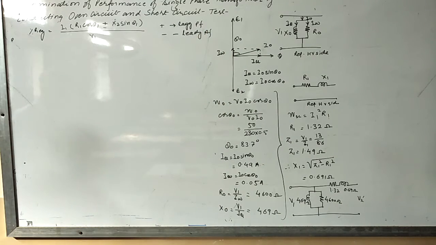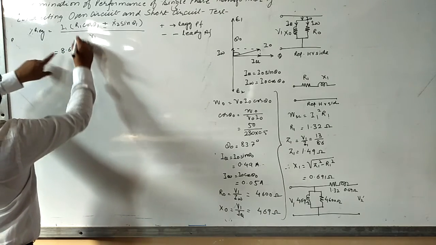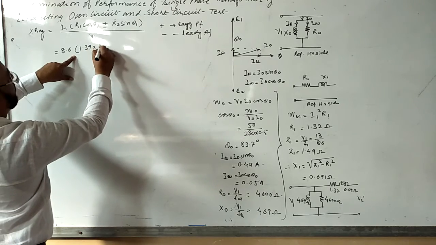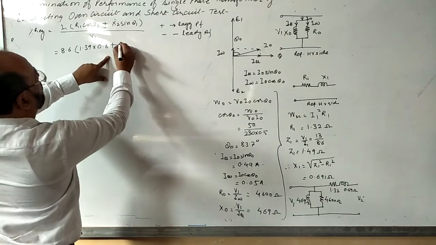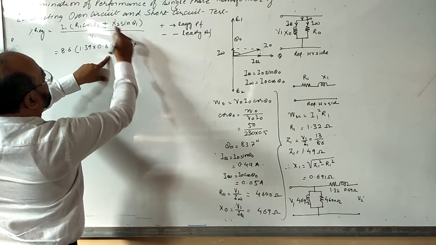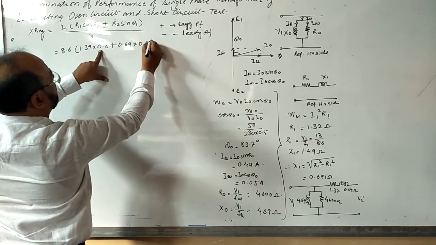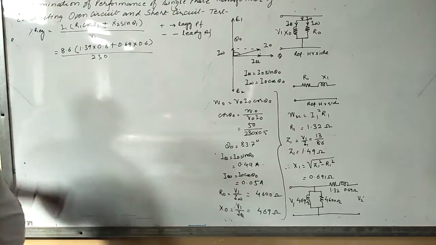Okay, so if you put the value of I1, it is 8.6 multiplied by resistance 1.39 into power factor, say 0.8 power factor lagging. So X1 is equal to 0.69, sin of cos inverse 0.8, this one is 0.61, divided by voltage 230.